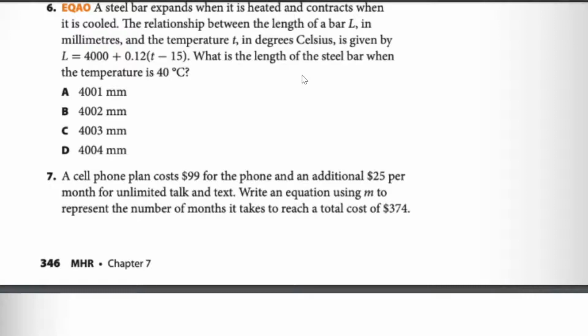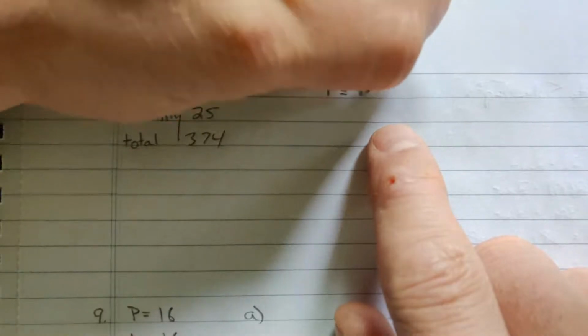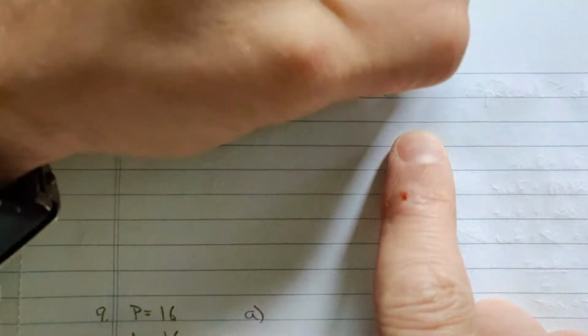So we'll take our information and create an equation here. Our phone was $99, monthly it was $25. We're looking for that total to be $374. So starting with our total cost, that's going to equal the initial cost of the phone plus the $25 per month.